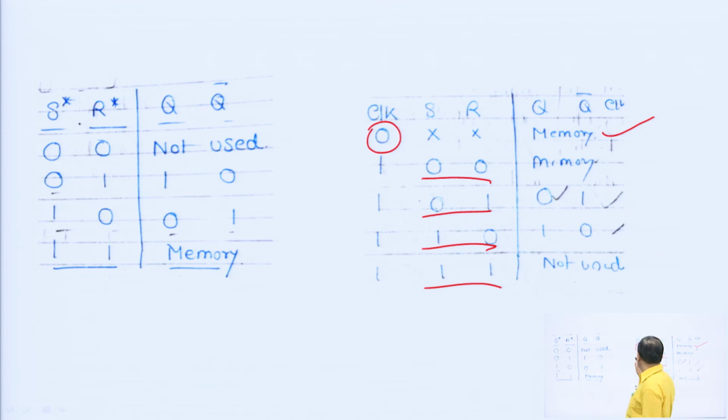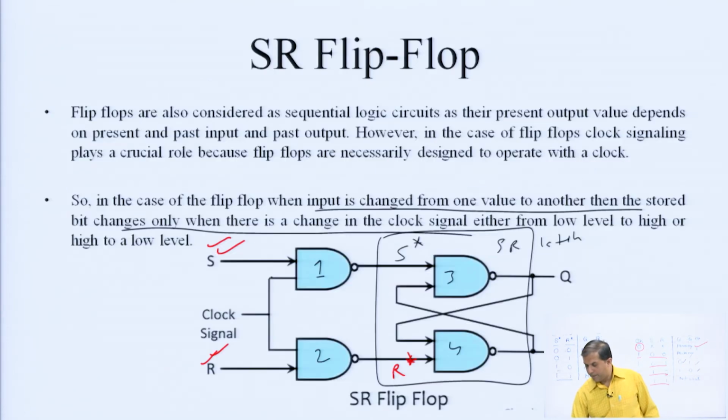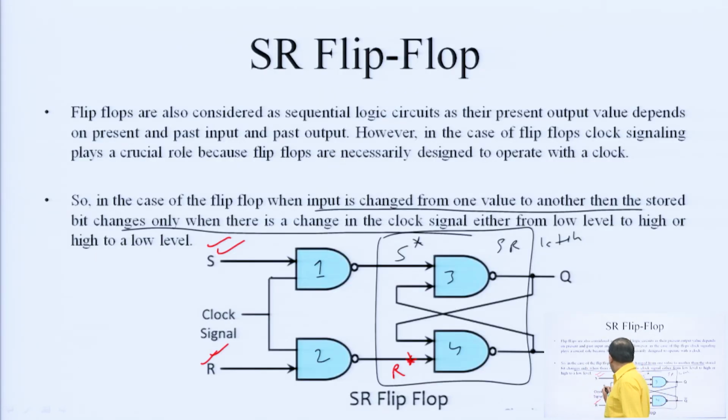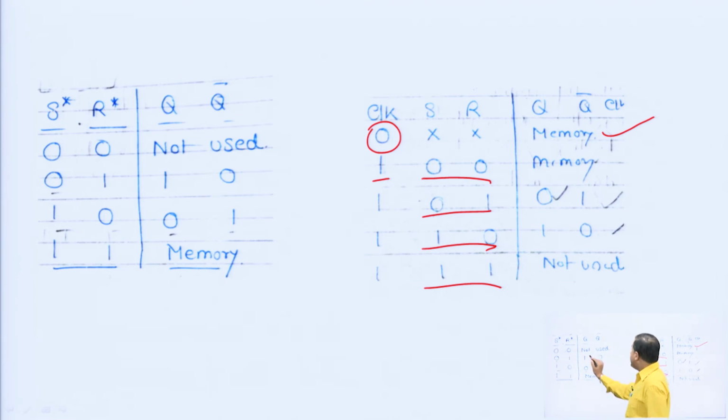If clock is 0 there will be no change, and no change means memory. If clock is 1 and S, R are 0 0, then check from the previous one. Clock is 1, S 0, R 0.